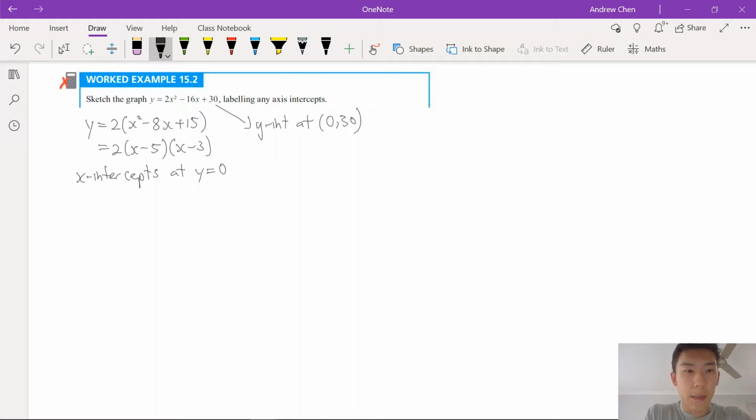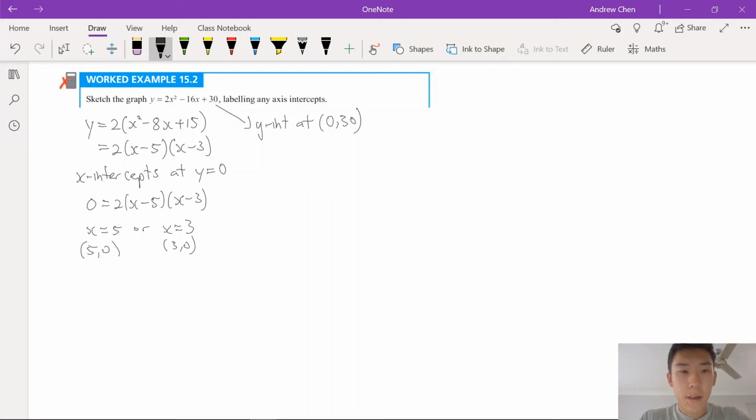And then x-intercepts at y equals 0, so 0 equals 2 outside of (x take 5)(x take 3). Using the null factor law, x equals 5 or x equals 3. So there's our x-intercepts, (5, 0) and (3, 0). The y-intercept is at (0, 30).